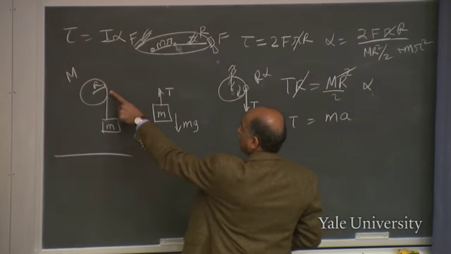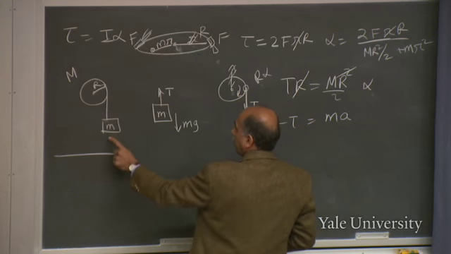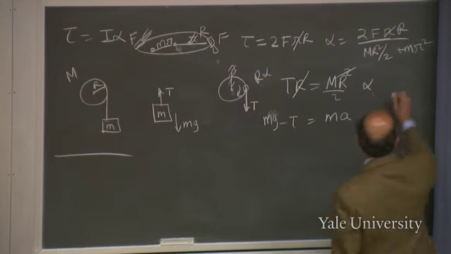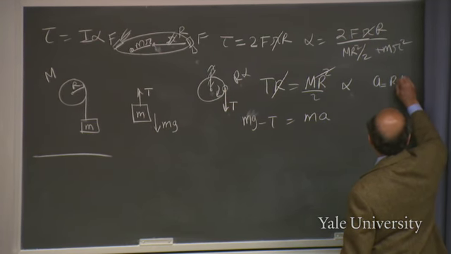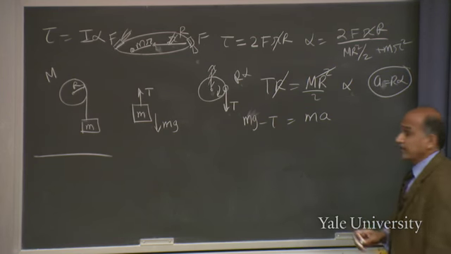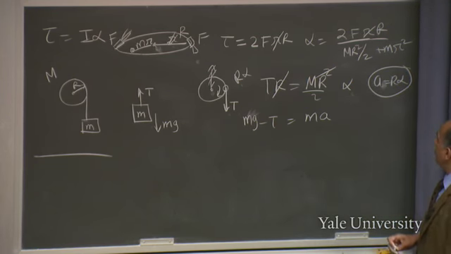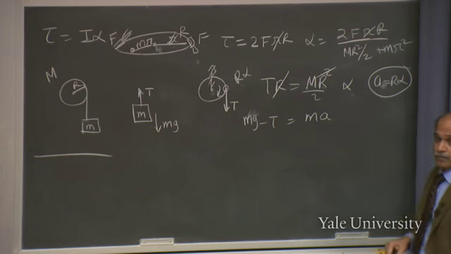So the tangential velocity of the point here is the velocity of the mass. The acceleration of that contact point is the acceleration of this. Therefore, we have to use the fact that A equals R alpha. A is really what I called A tangential in the first lecture.